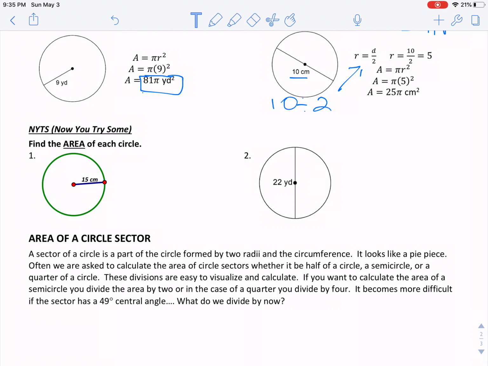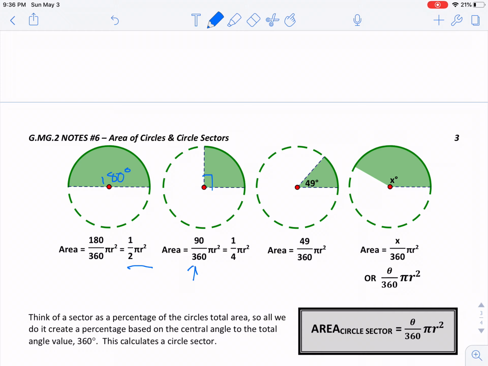So if we have a semicircle, we have half of the area. So we would take 1/2 times pi r squared. Notice our central angle is 180 degrees because it's a straight line. Here that angle is 90 over the whole thing, which is 360, which simplifies down to 1/4.